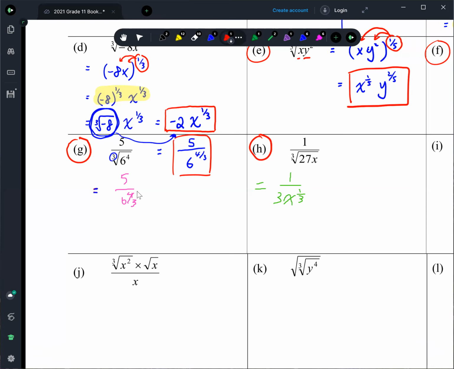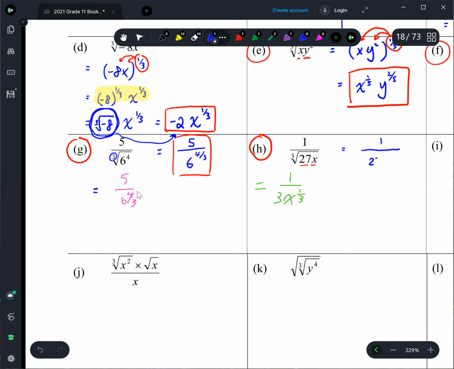Okay, and then for H, inside you have two things, so you need the brackets here. One, don't touch it. So 27x, keeping brackets, to the 1/3. And this time, you remember how you need to expand, share in the 1/3. So you have 1/27 to the 1/3, x to the 1/3.